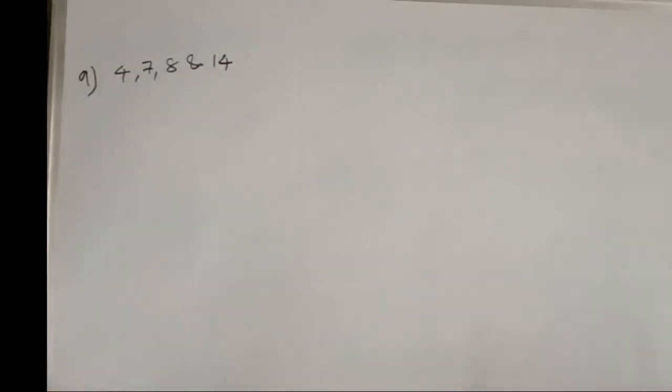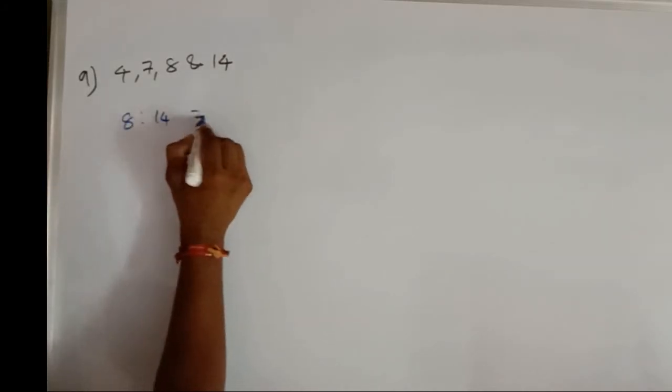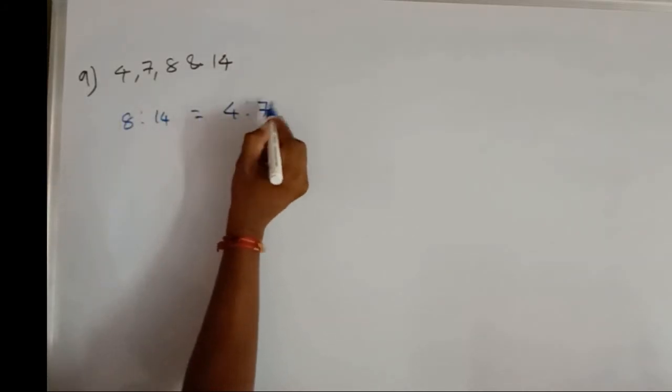So the next question is, find whether the numbers 4, 7, 8 and 14 are in proportion or not. So I have to calculate whether they are in proportion or not. Here I am taking 8 is to 14 is equal to 4 is to 7. I will check whether I get the same value or not.